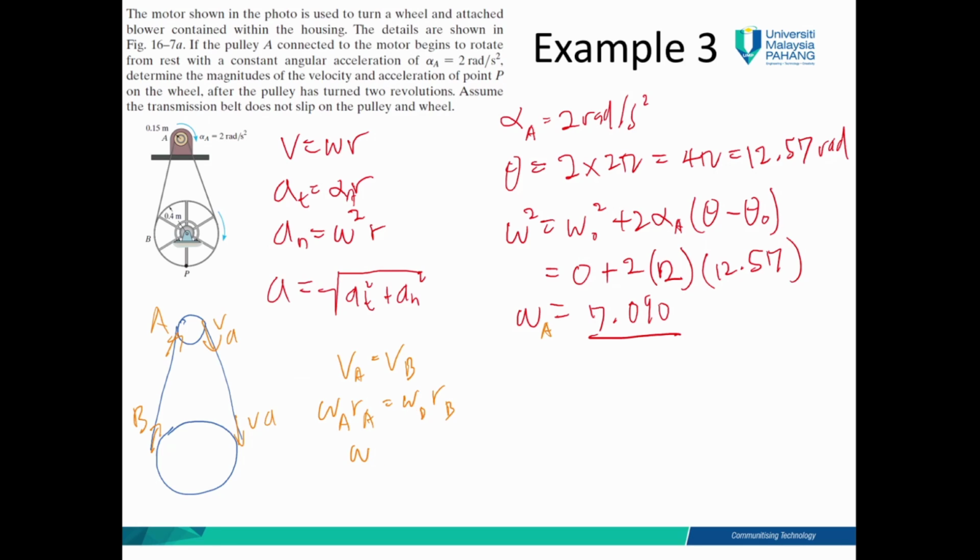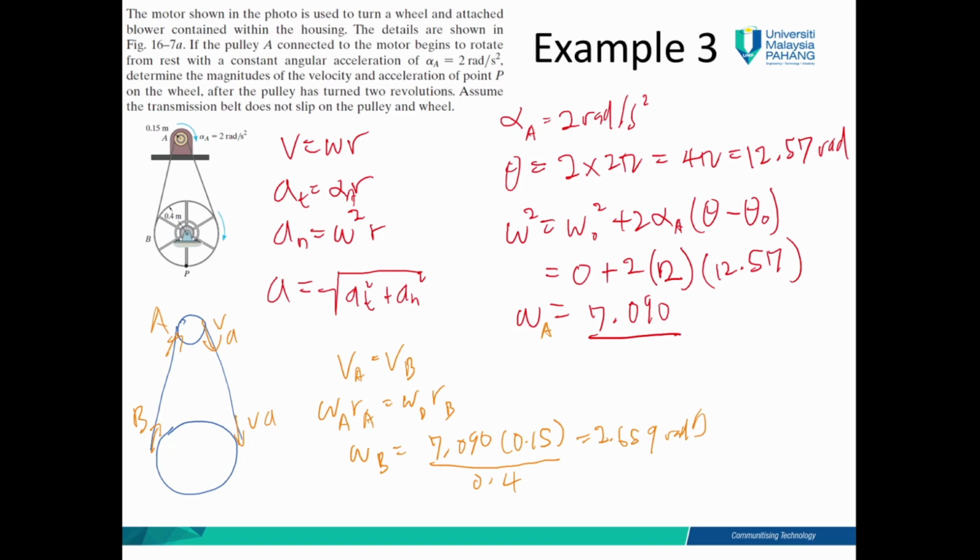So calculating for omega B, which is equal to 7.090 times 0.15, the radius for A, divided by the radius for B, which is 0.4. You should be getting 2.659 radian per second.